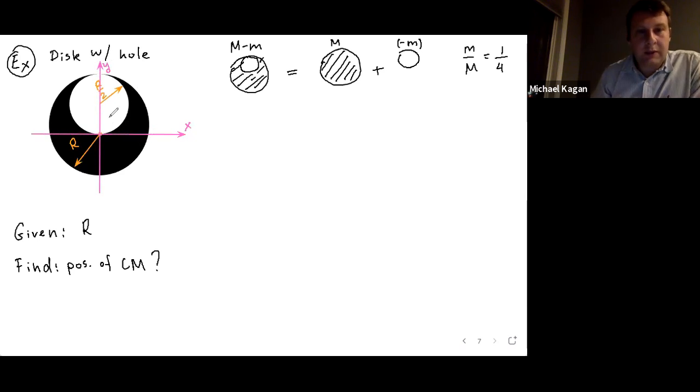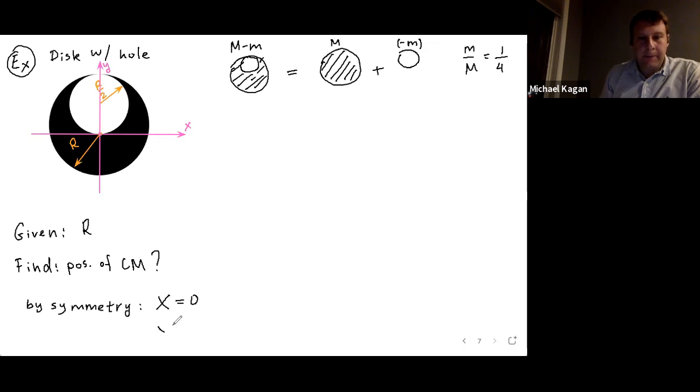Therefore, the center of mass must be on the y-axis, which means the x coordinate is 0, right? So by symmetry, x is 0.